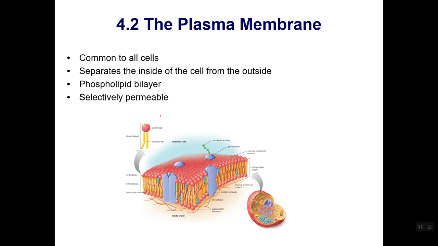So if you'll recall, our phospholipids are an example of a lipid. So they have a structure that looks just like this. They have a polar head, which you'll recall is what? Hydrophilic or hydrophobic? Polar head.